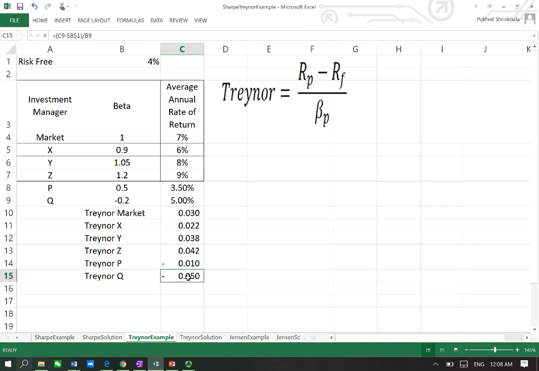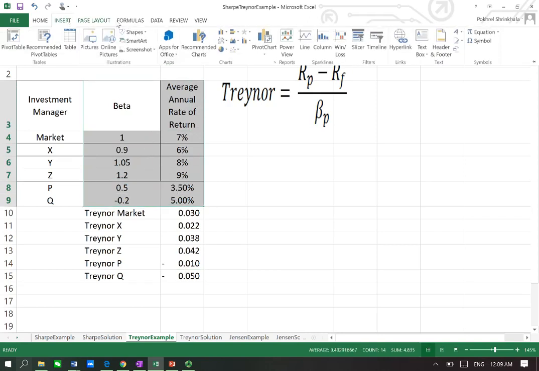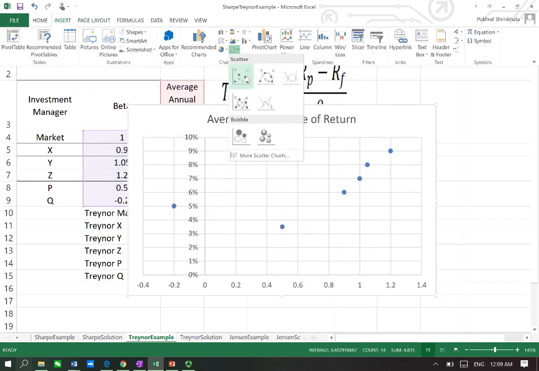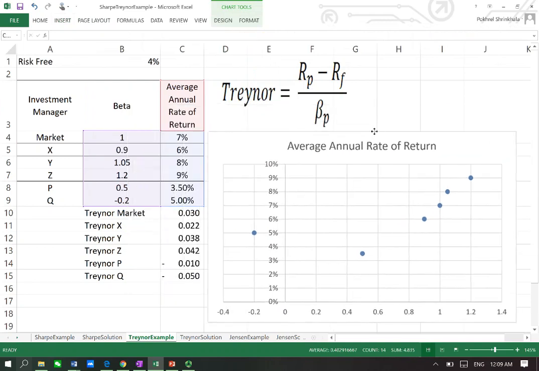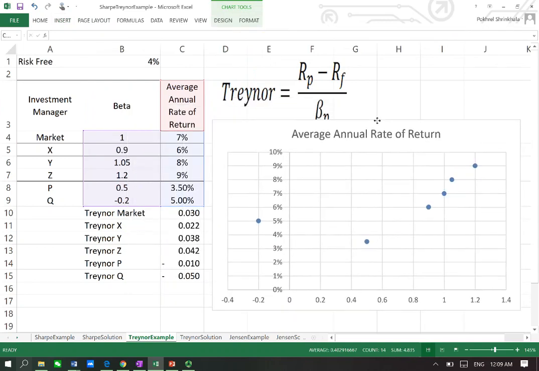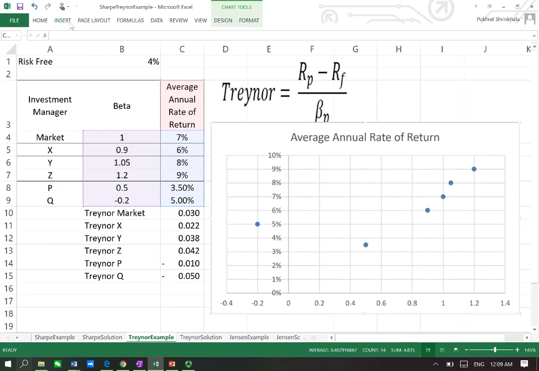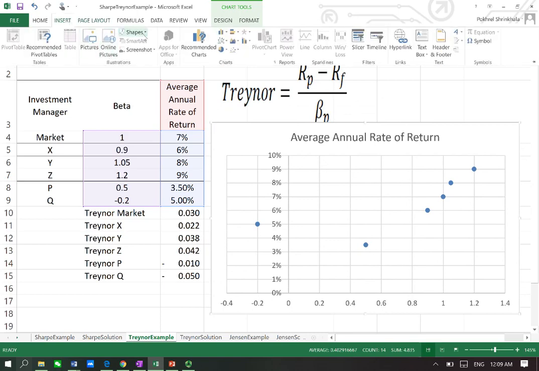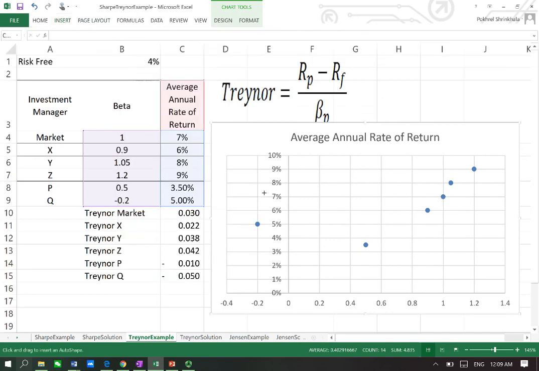So first thing what we can do is, again, we can plot this in the XY scatter diagram, and now as you can see, after plotting this, I can, similar to before, draw this.